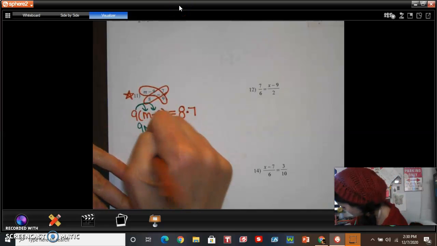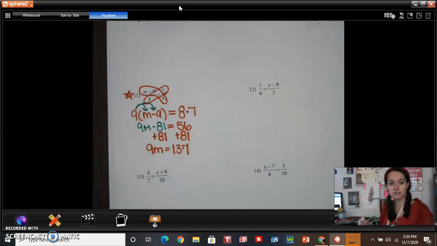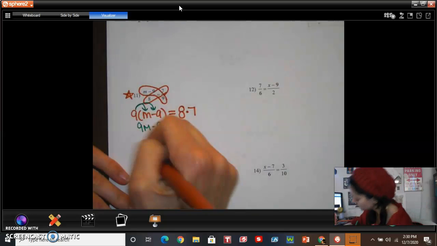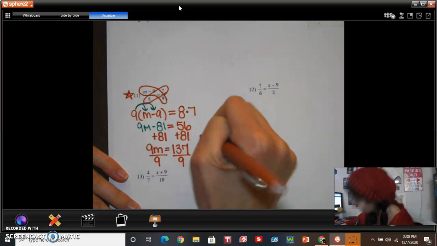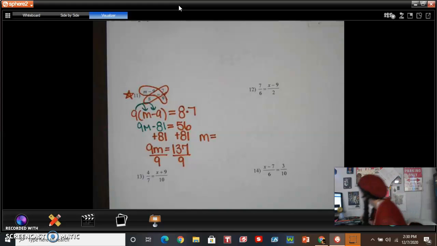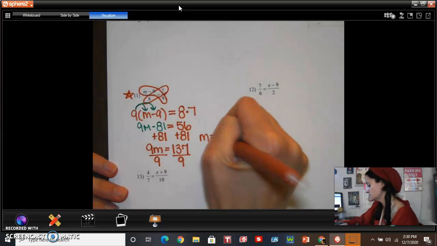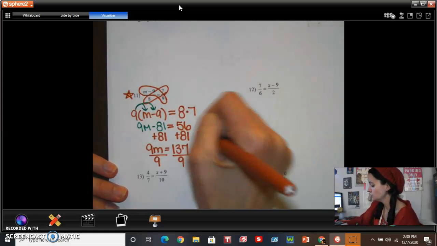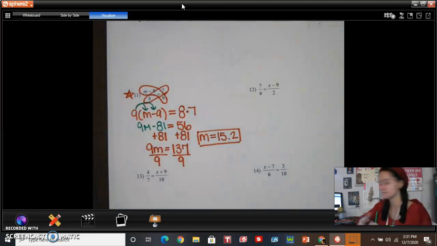So we have 9m equals 137. And I just talked about what we do if there is a number next to a letter. We divide. And we get that m equals 15.2222222, which is just 15.2. Remember, we're just going to the nearest tenth. If you go beyond the nearest tenth, you will not get credit for those problems.